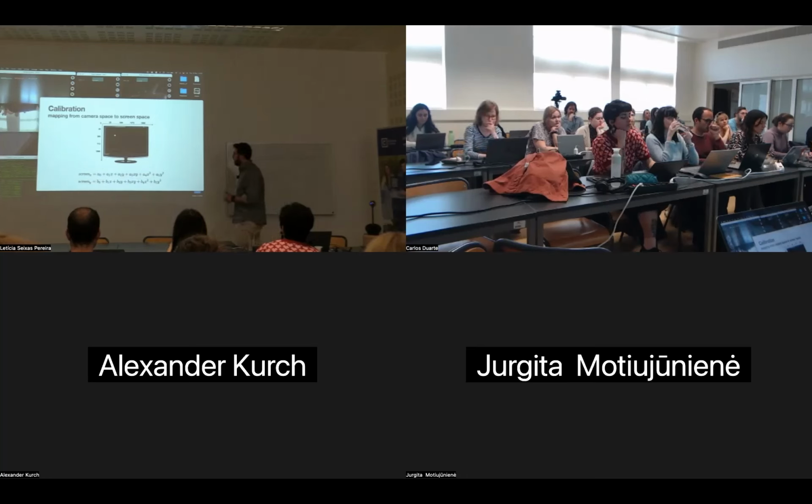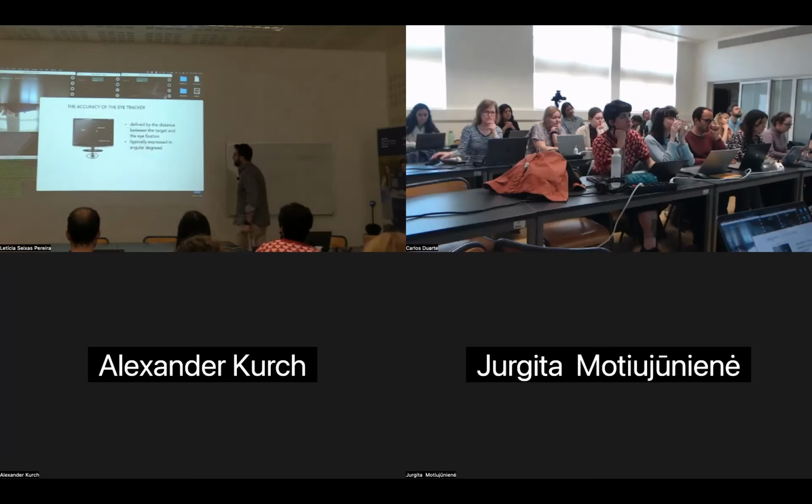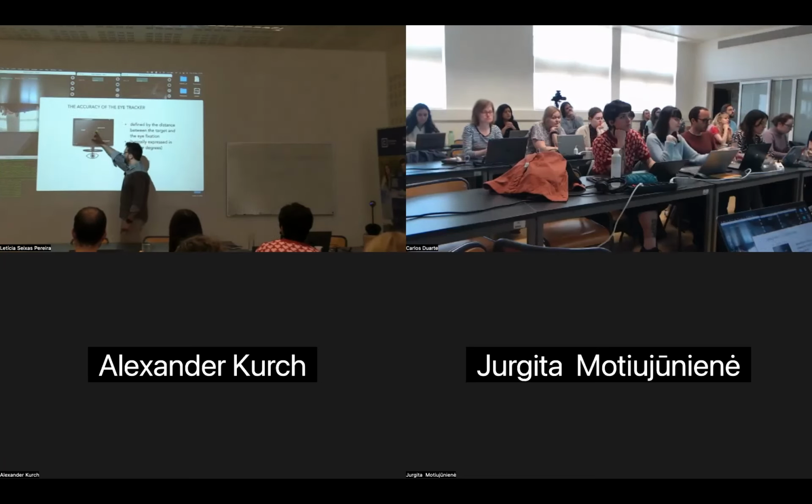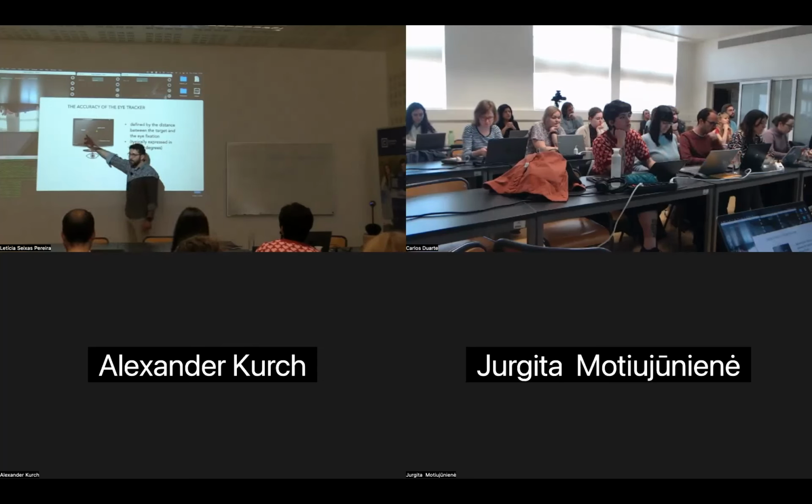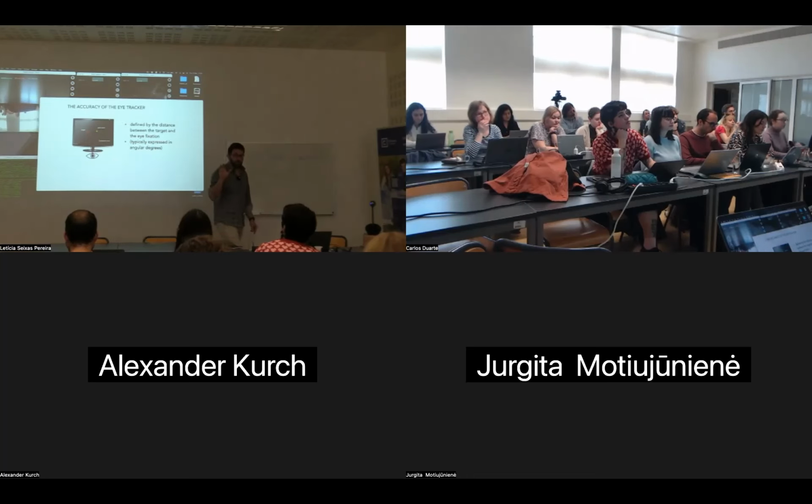Because we know the dimensions of the screen, and we know exactly where we present something on the screen, we can quite accurately measure what we call the calibration error, the distance between the actual position of the eye and the target, which is displayed on the screen.